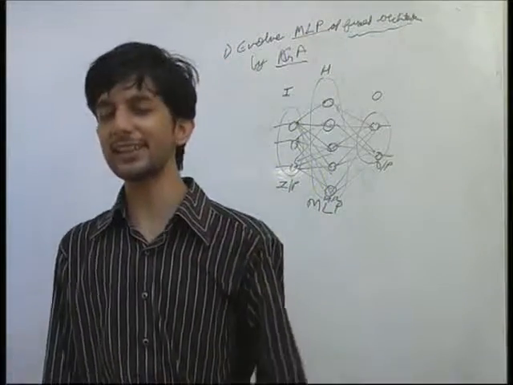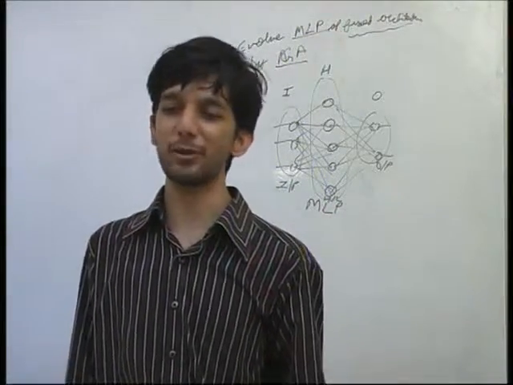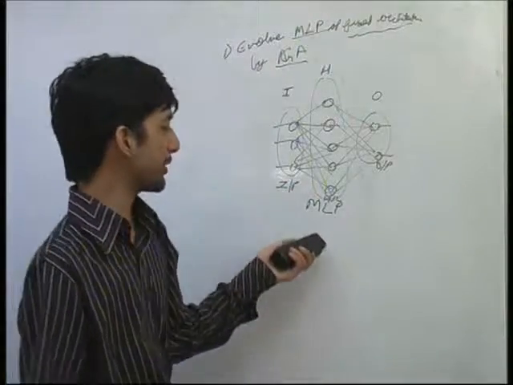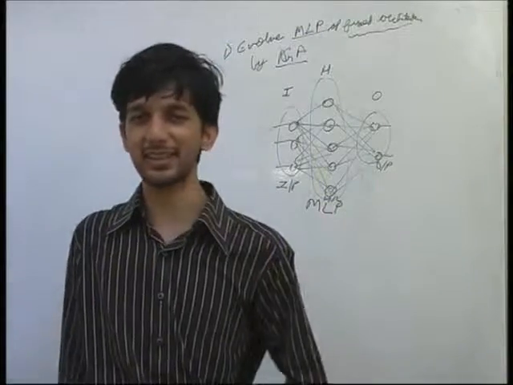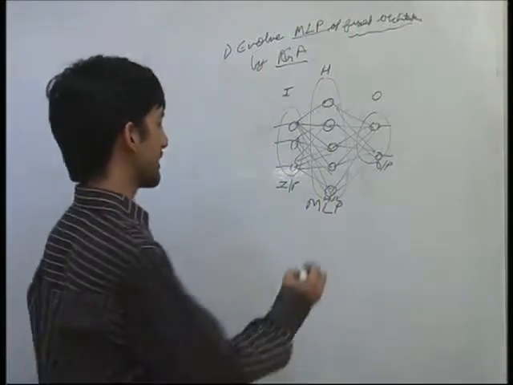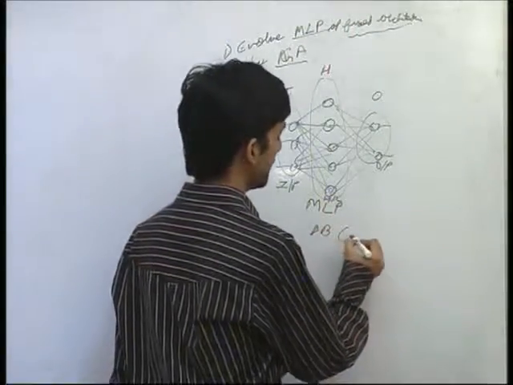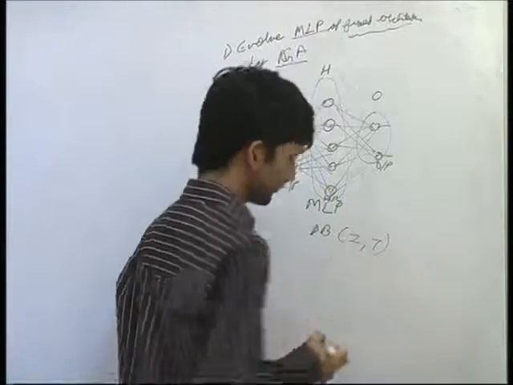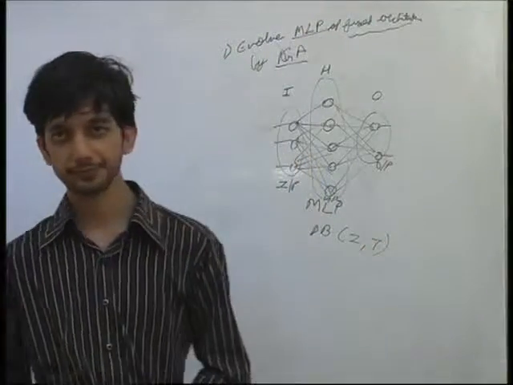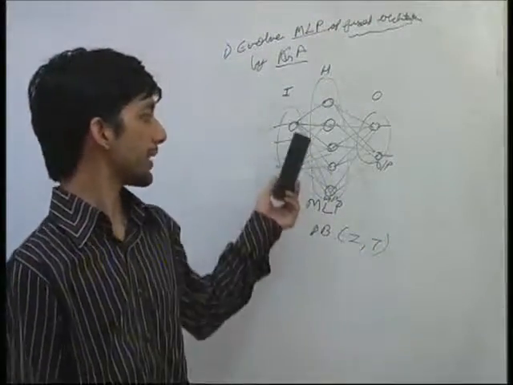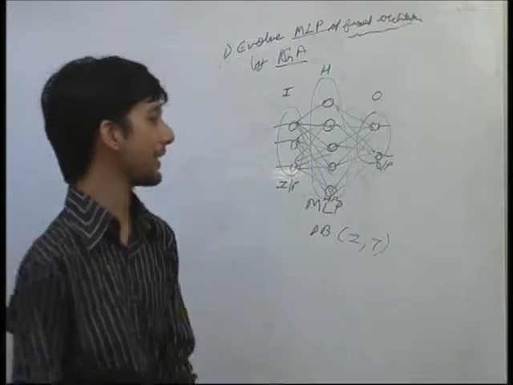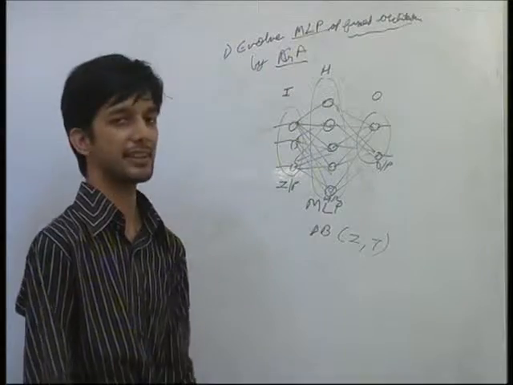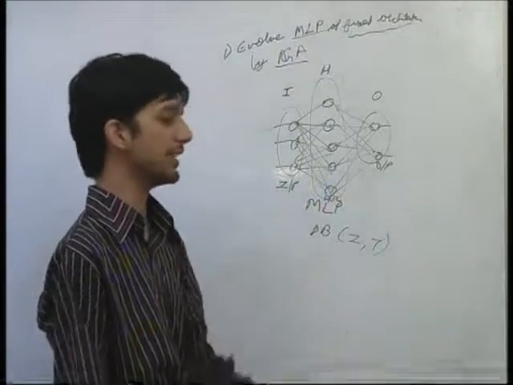So the input is exactly the same that was given to the backpropagation algorithm. This is one input that I have. The other input is of course a training database comprising some inputs and some targets that is already known to me.